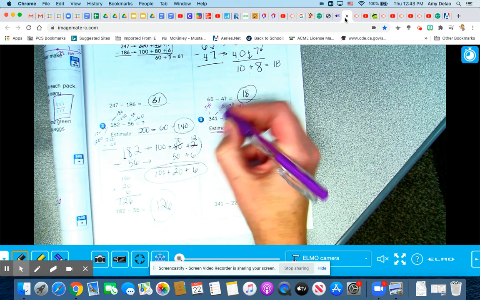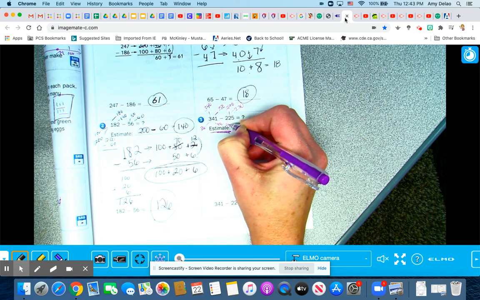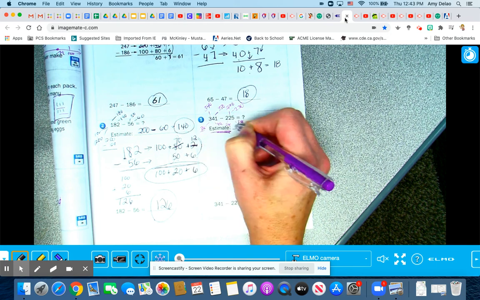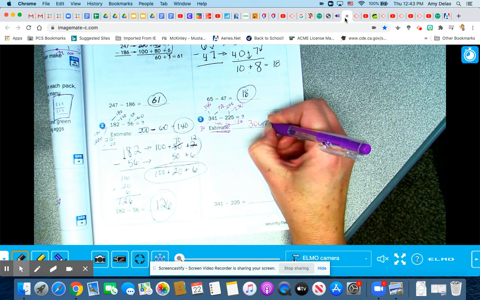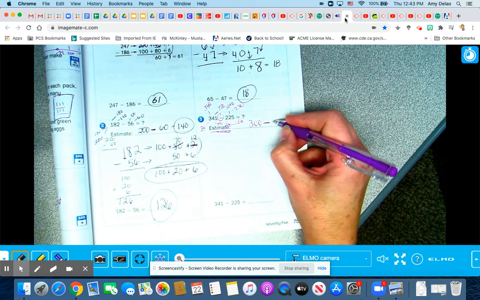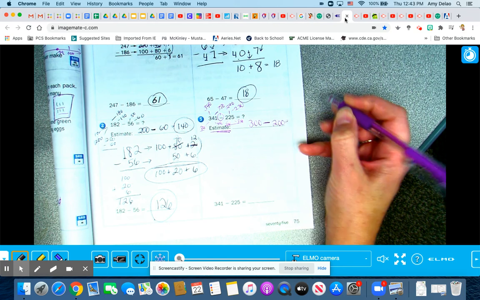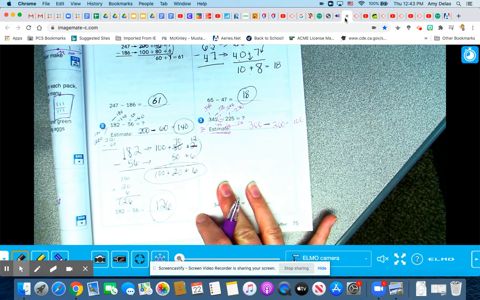Okay, so you can do it either way. So 300 or 400 or 200 and 300. I'll do the hundreds because I have a feeling that's what most of you are going to do. So I'm going to do 300 minus, remember we are subtracting, minus 200. That's close to 100. So let's see what happens when we do our precise answer.